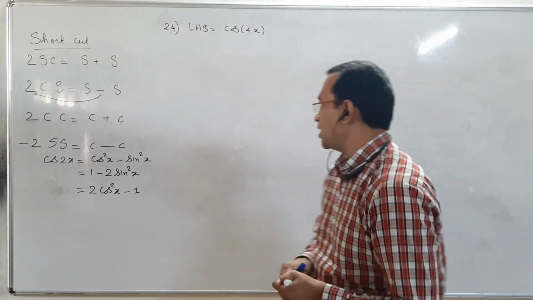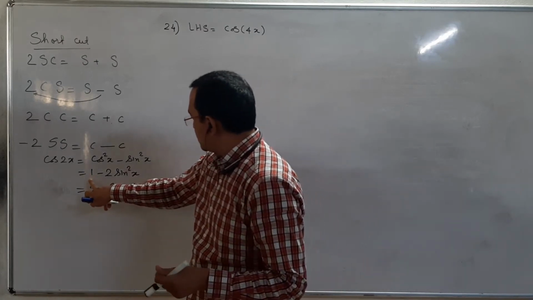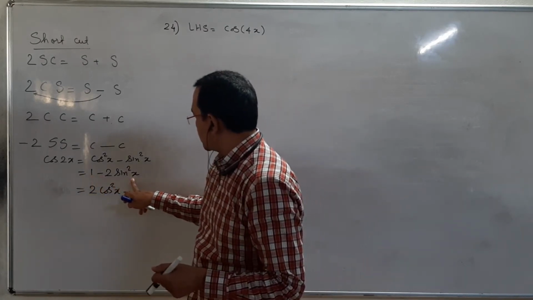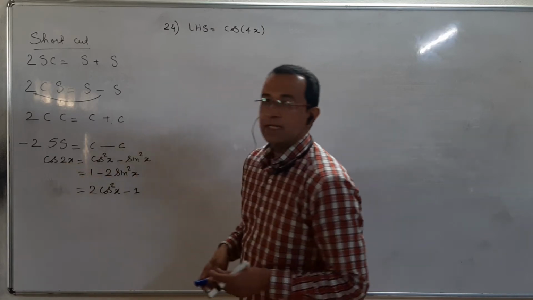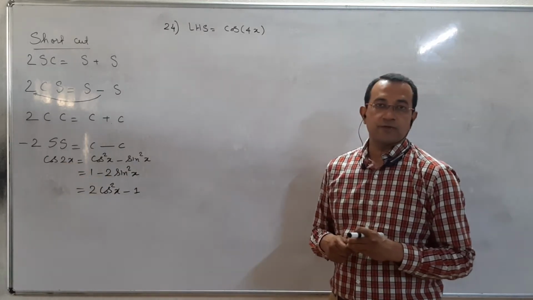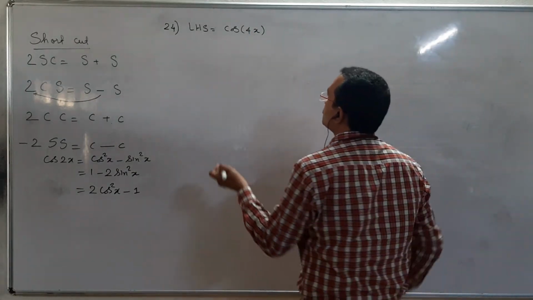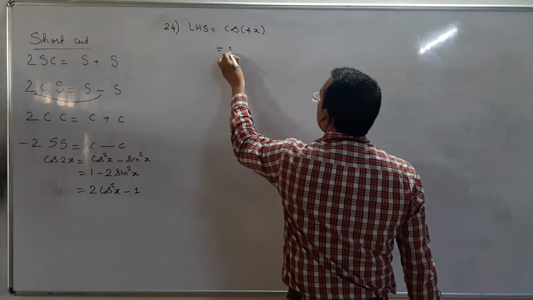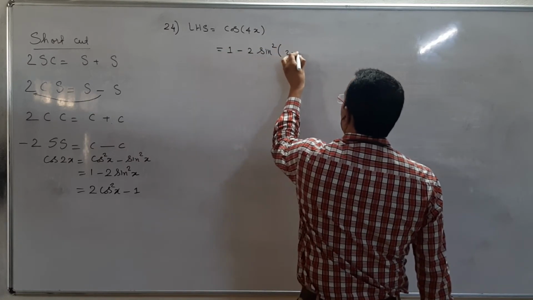Now this formula of cos 2x we have, which is 1 minus 2 sin square x. If the angle on the left is 2x, the angle on the right will be half. So if my angle is 4x, dear students, my next step will be 1 minus 2 sin square of 2x.